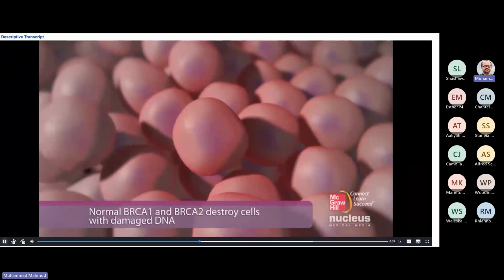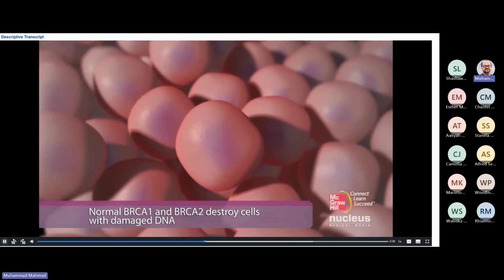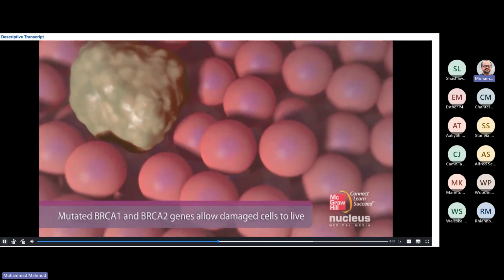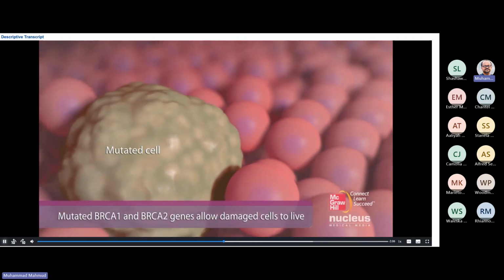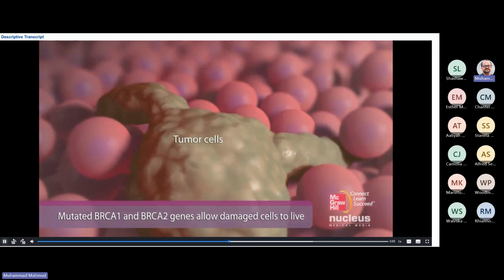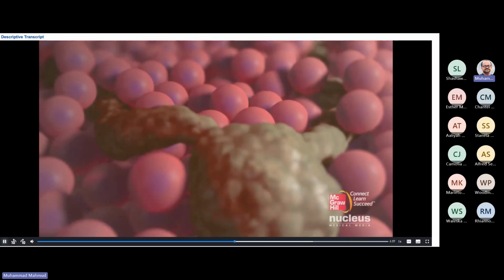For example, the genes BRCA1 and BRCA2 normally keep cancer cells from forming by repairing or destroying cells with damaged DNA. Mutations to these genes allow damaged cells to live and continue proliferating, resulting in the formation of cancerous tumors.